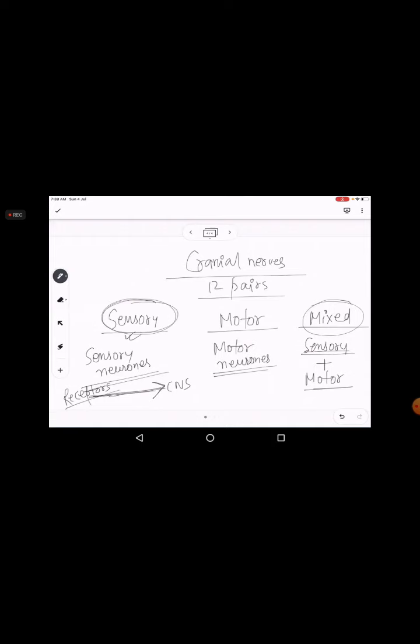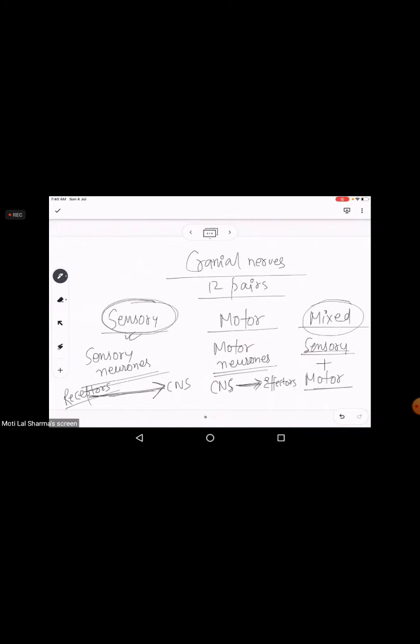And what about motor knobs? Motor knobs transmit impulses away from your CNS to your effectors. So only from CNS to effectors, impulses are carried along motor knobs.